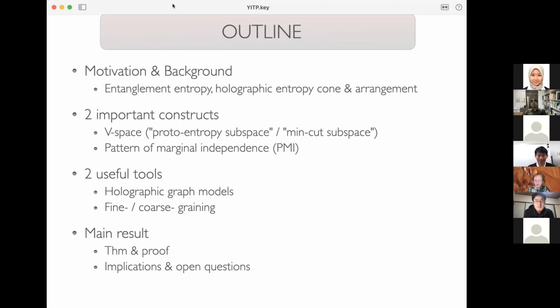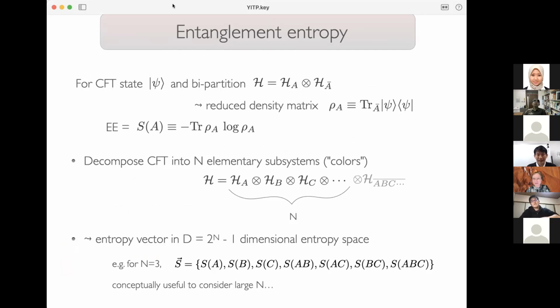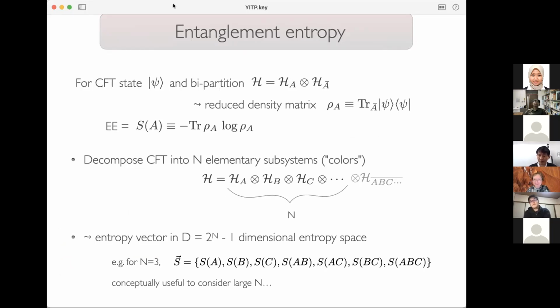Okay, so this you all know very well: entanglement entropy being the von Neumann entropy of the reduced density matrix, where you have a partitioning of the Hilbert space. We'll treat the holographic system this way, and ignore the subtlety about non-factorizability and so forth, as is quite often done.